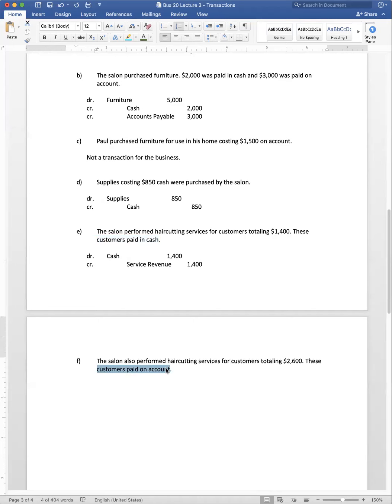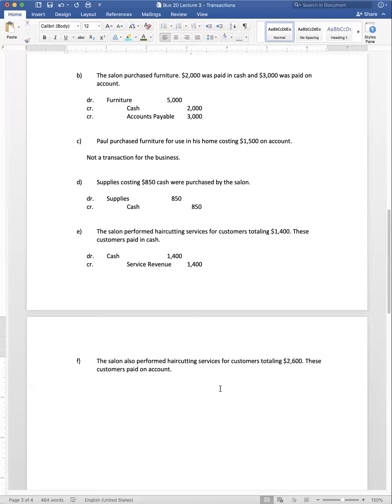That means the customers did not pay cash at the time the services were done. Instead, they said, hey, we're going to pay you later. And the company agreed. All right, so what do we call that when customers owe us money because they haven't paid yet? All right, that is what we call an account receivable.